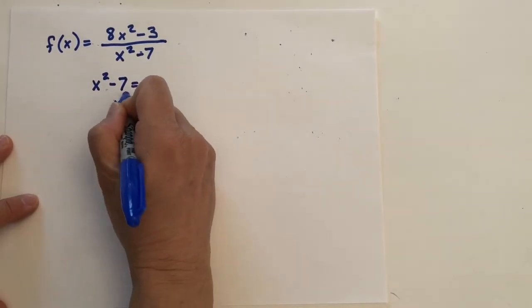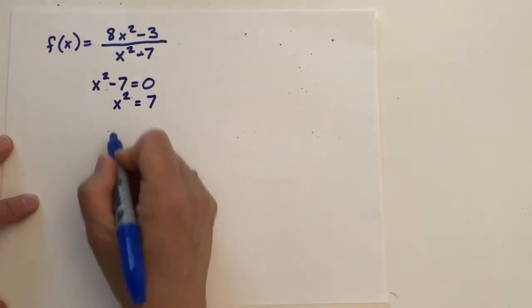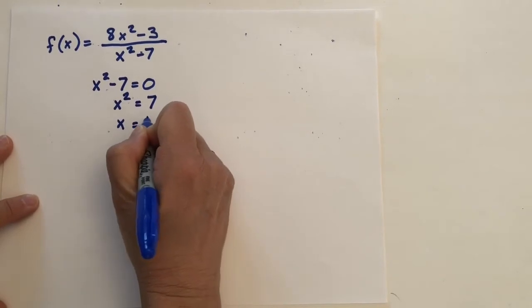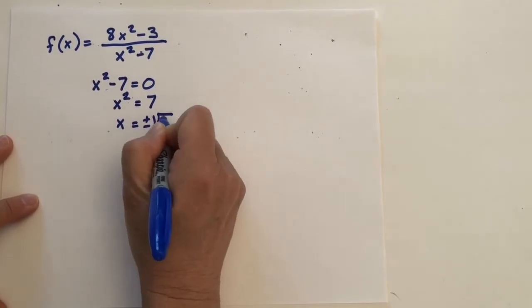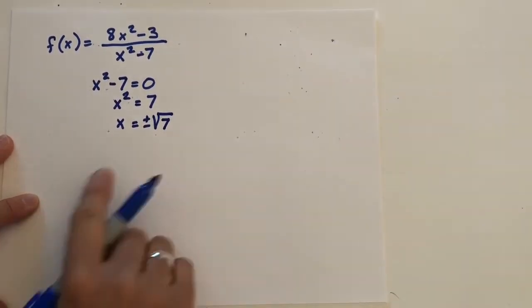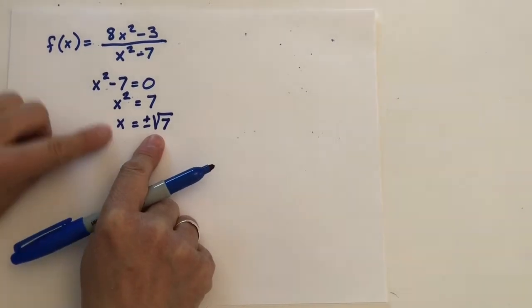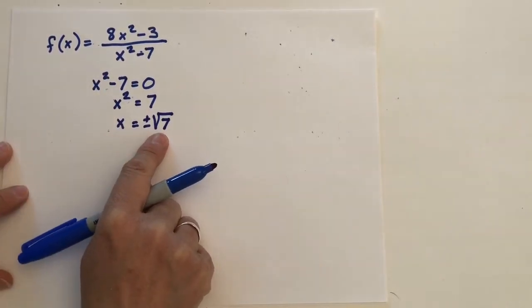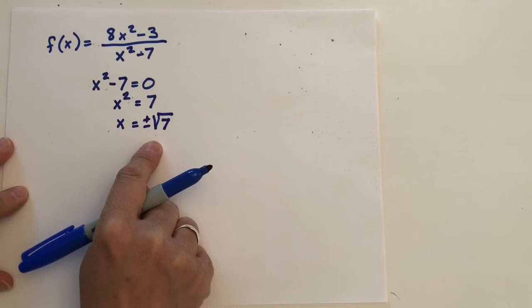I could add 7, take the square root of both sides, don't forget to put the plus or minus in. So the numbers that make this denominator 0 are positive square root of 7 and negative square root of 7.